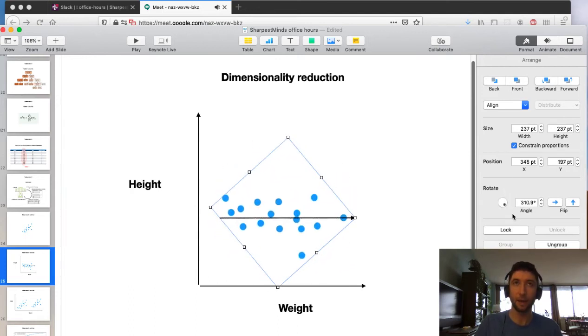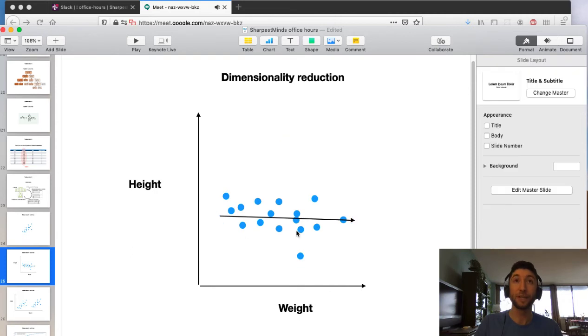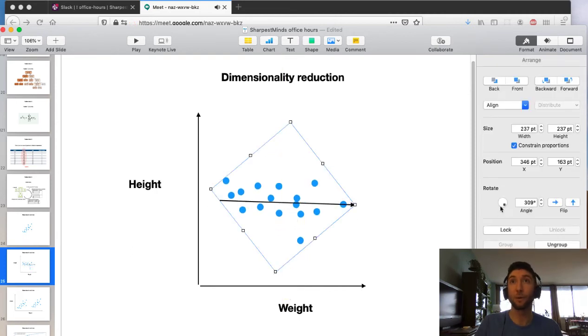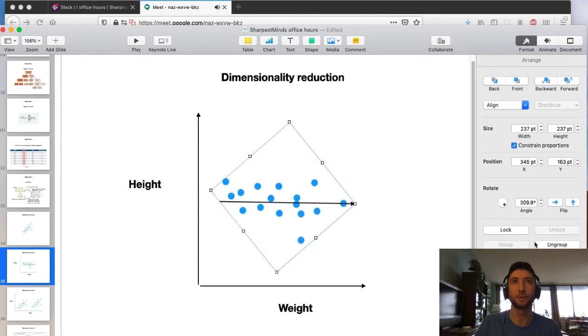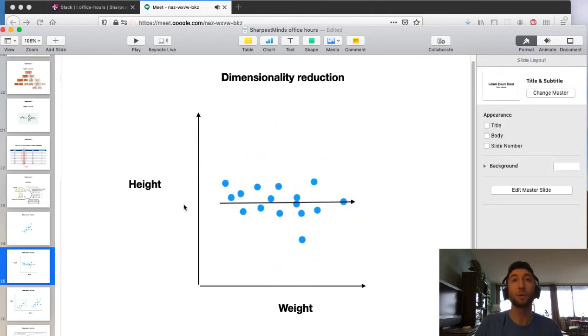But what does happen is if this line is basically horizontal, which I'm doing a really bad job with, sorry, this is brutal. Okay, something like this. If this line is horizontal, it means that it kind of looks like weight is the only parameter that matters, right? Because there's not much information in height.